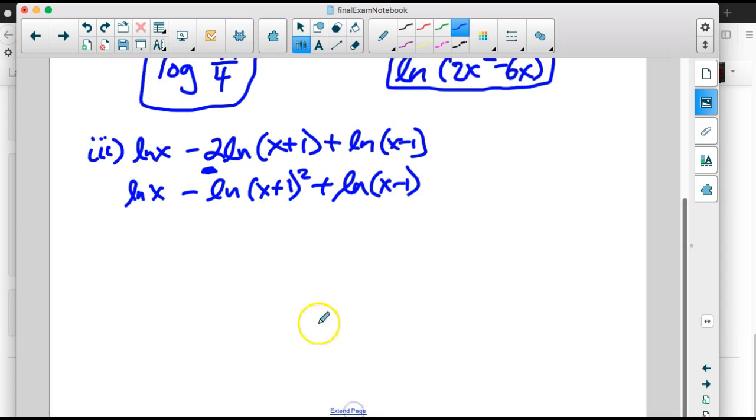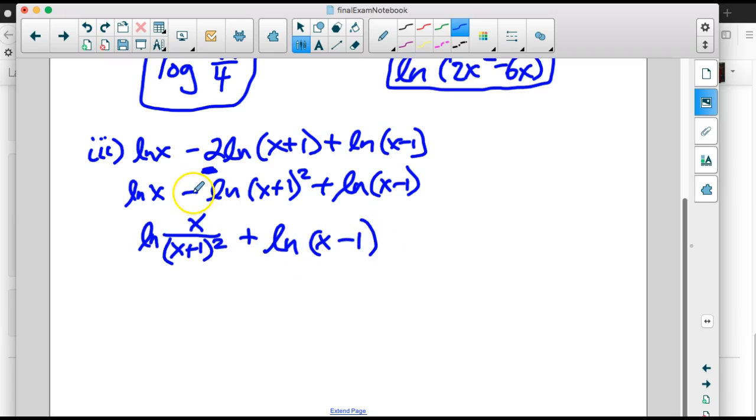So the next step would be to combine these two together first. So we'd have ln of x divided by x plus 1 squared plus ln of x minus 1. That makes a division out of these two terms. And then this positive one would be multiplying it, so it would be ln of x over x plus 1 squared times x minus 1.